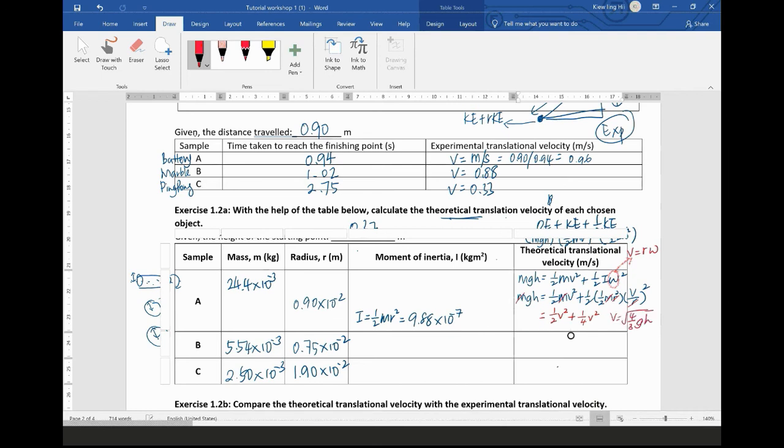So the theoretical velocity here is given by 2.20 meter per second. Okay, so can you do the same for both B and C?